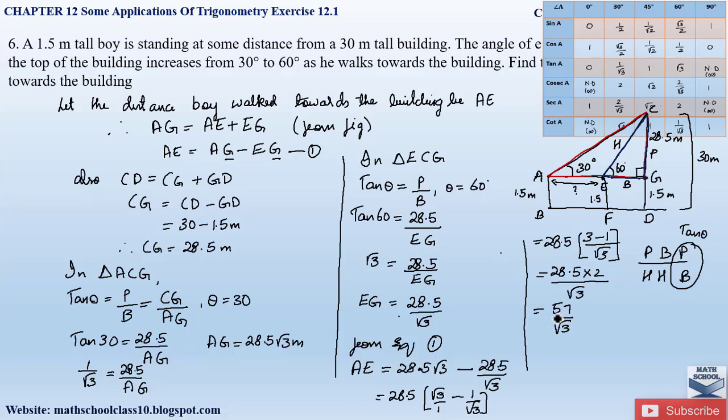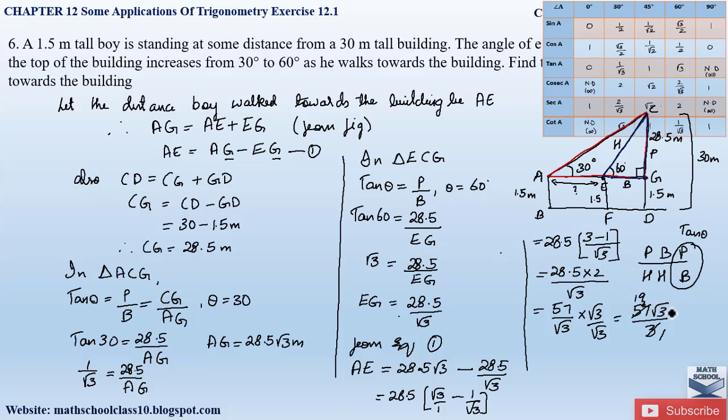Again we have a root number in the denominator, which we have to remove by rationalization. So multiplying and dividing with root 3, this will be 57 root 3 divided by root 3 into root 3, which is 3. Cancelling 3 1 times, 3 1 times, 2 carry, 3 9s are 27.